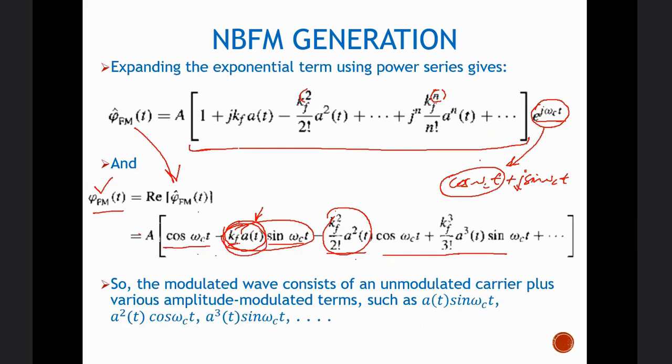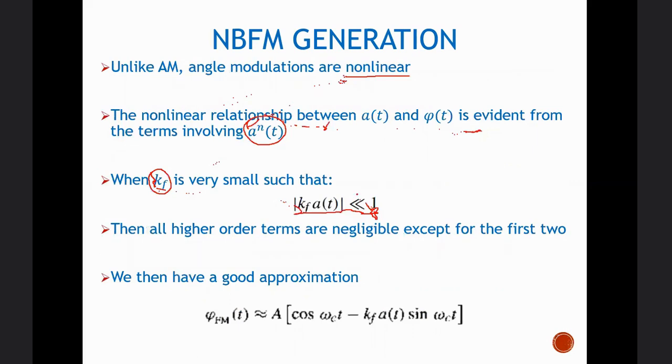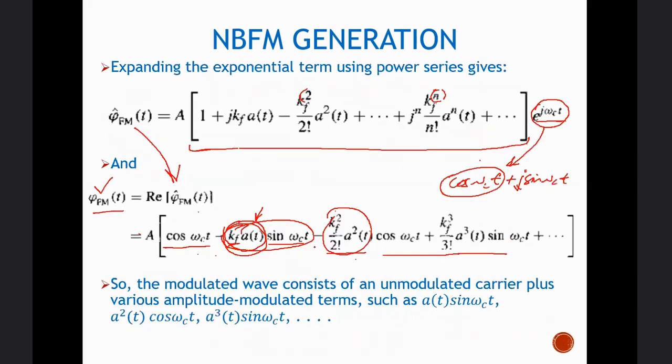So if k_f is small, then this k_f a(t) would be much smaller than 1. So all higher order terms are negligible except for the first two. The square would be even smaller and the cube would be even smaller, and then we have a factorial term in the denominator as well, which makes these terms even smaller. So only the first two terms can be considered.